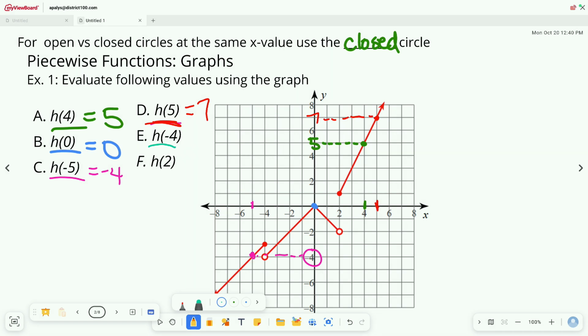Where h equals -4, or x equals -4. Which one do we want there? The closed circle. We want this guy, which is at -3. If you chose -4, you would get it wrong because it does not equal -4 at that open circle. It starts there but does not include that.